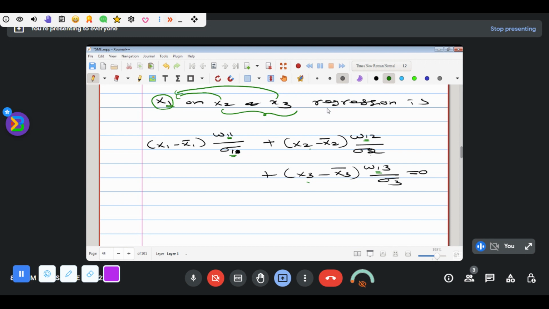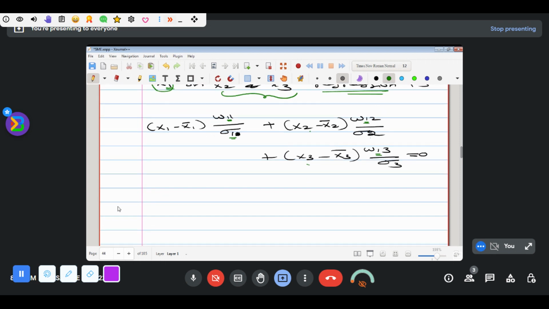Okay, this is one type of regression equation in the trivariate concept. So you know the omega. Sigma 1, sigma 2, sigma 3 are the standard deviations of X1, X2 and X3. Xi bar equals summation of Xi divided by n, where i varies from 1 to 3.